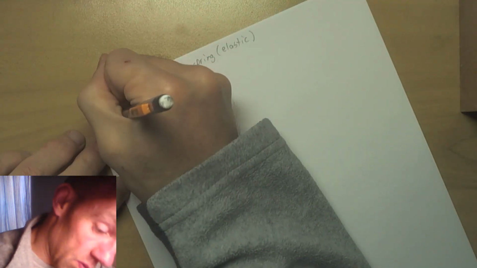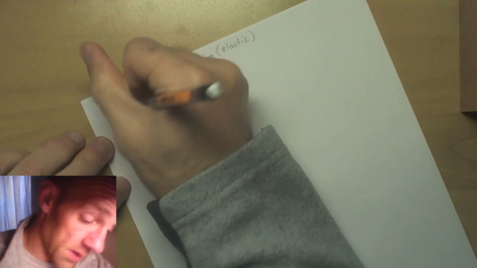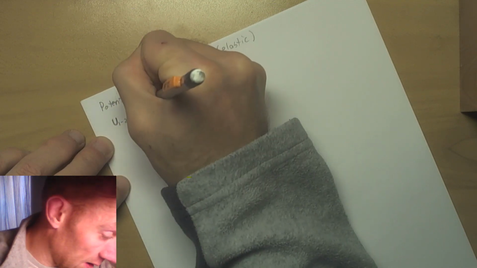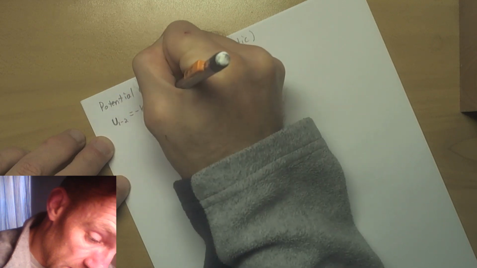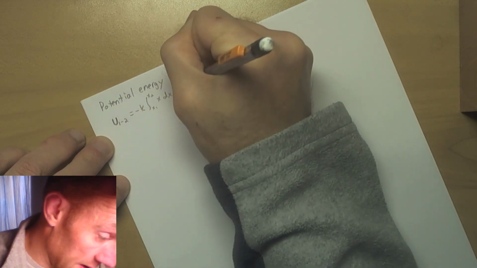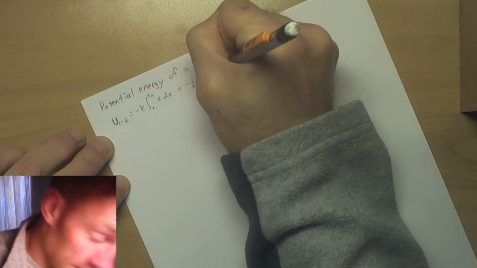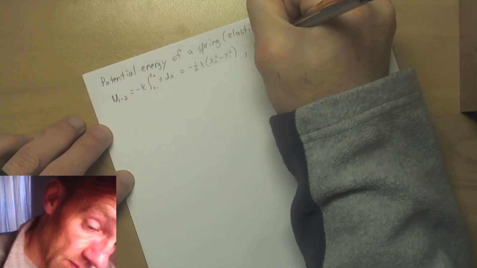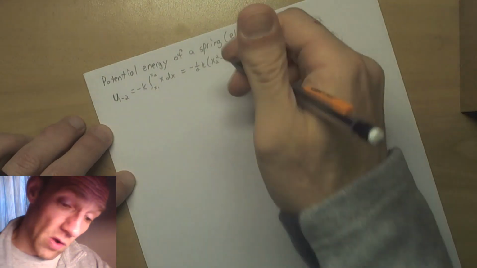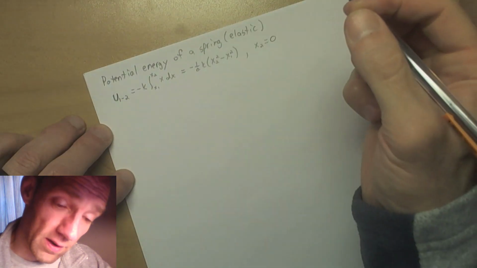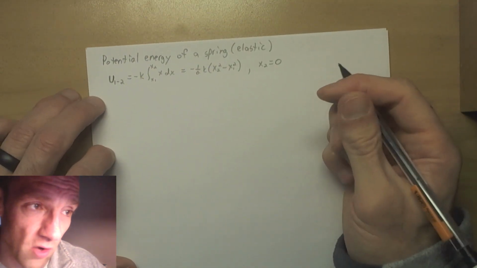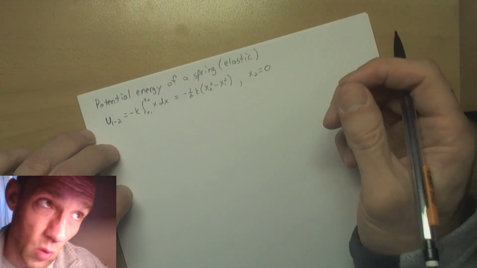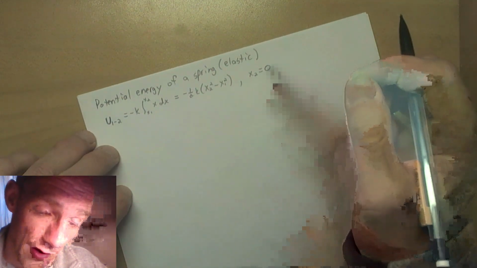And so the work done to move an object from, say, position 1 to position 2, and likewise we can set x2 to be equal to 0, and we arrive at the amount of work that it takes, or the amount of work done by this force to move an object from position 1 to position 2.